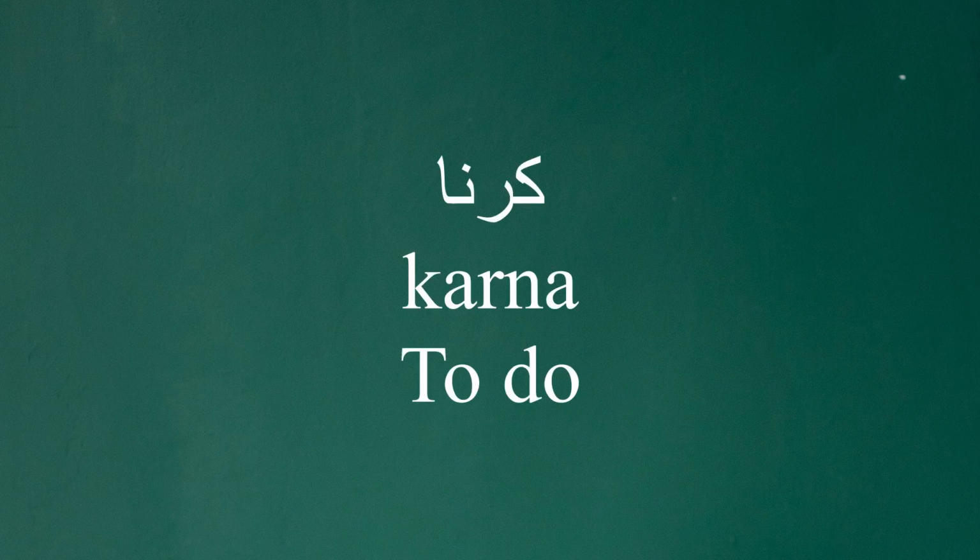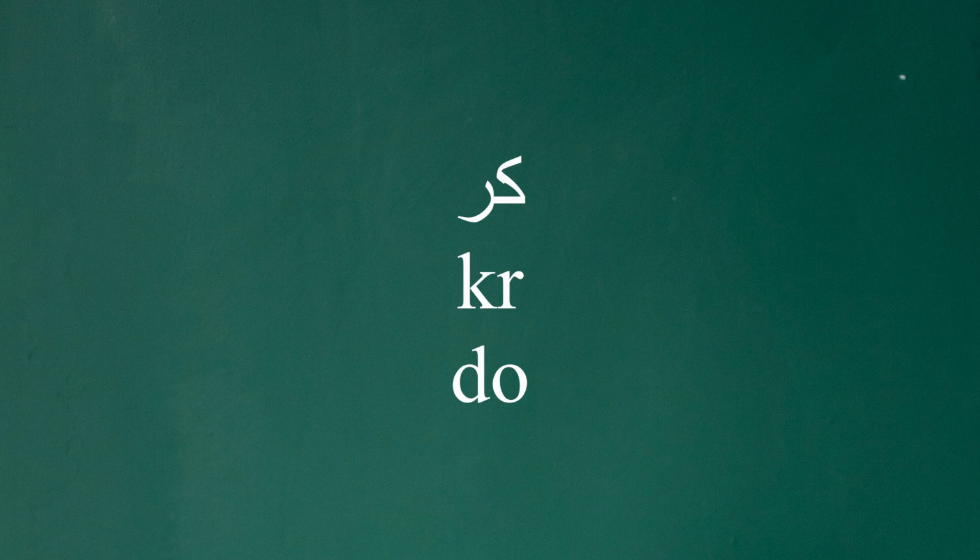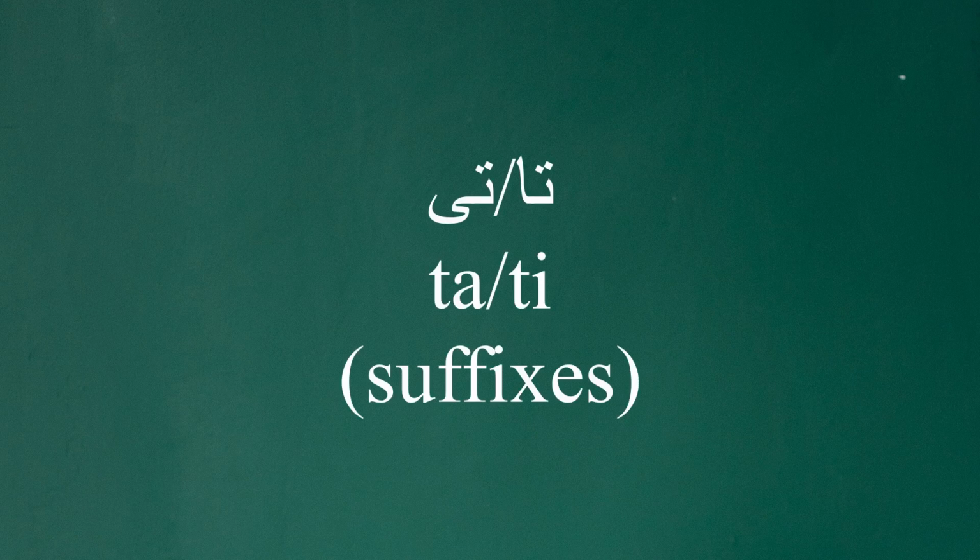So we will take the verb karna and we will remove the na. When we remove the na, kar is our verbal stem. And I feel like the tenses are pretty easy in Urdu because it's all about the suffixes. The suffixes in the present simple tense are ta and ti.